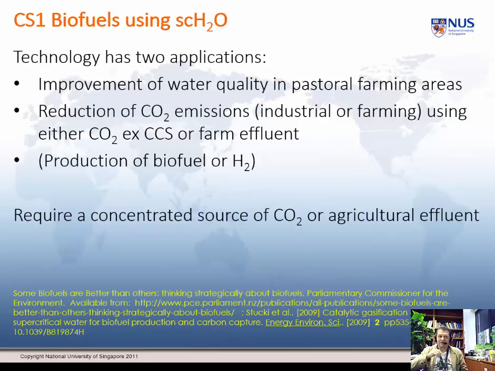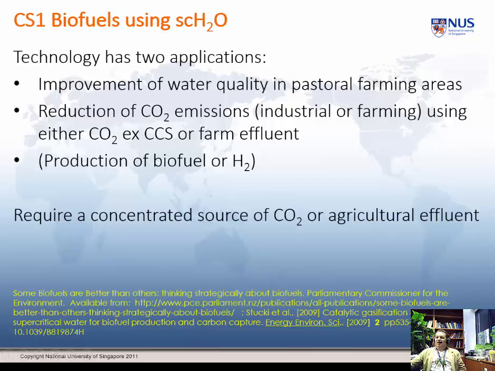So we're now going into our final little mini case study. This technology has two applications, a supercritical water, both of which are part of the biofuels case study. Improvement of water quality in pastoral farming areas, really important for pastoral nations. Obviously New Zealand is one of them, the UK, the US.